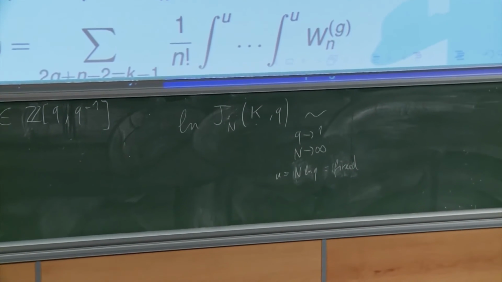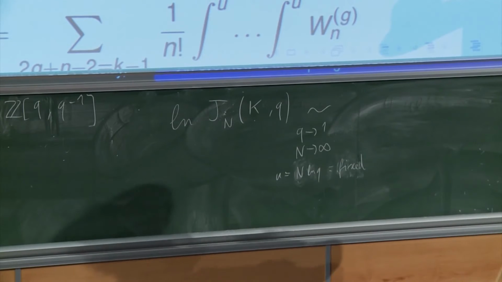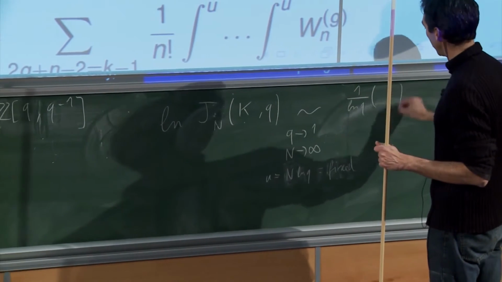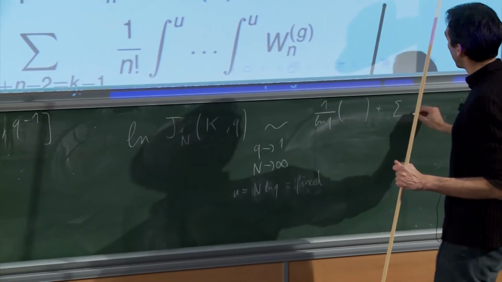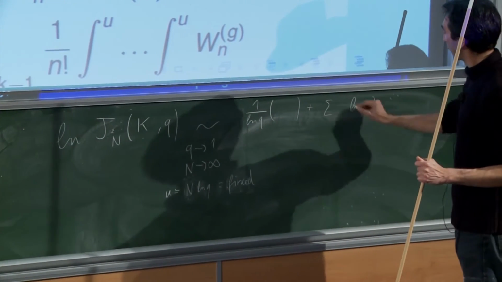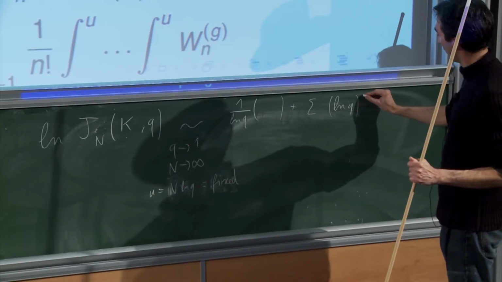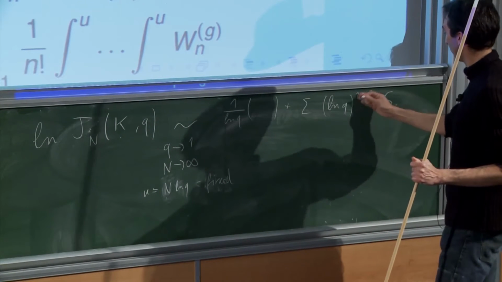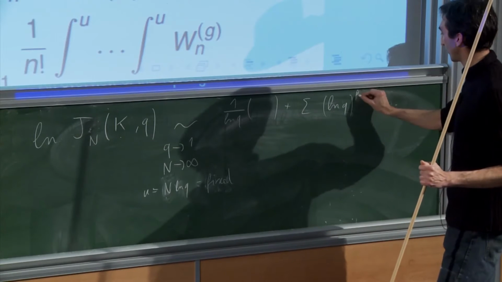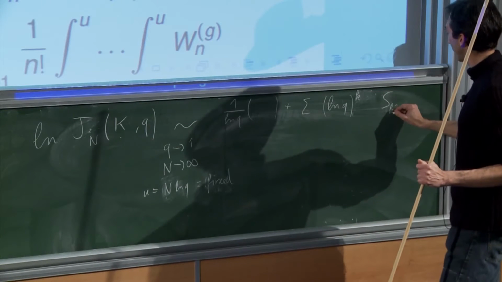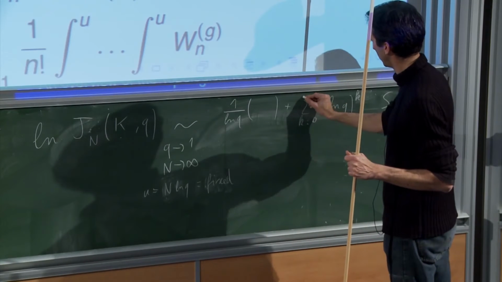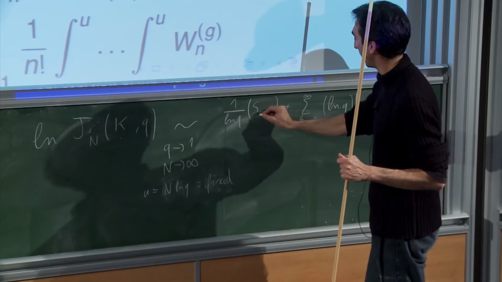So how does it behave? It behaves as 1 over log q times something, plus a sum of powers of log q, 2g minus 1, and let's call the coefficient of log q to the k, s_k of u. So this will be s minus 1 of u.